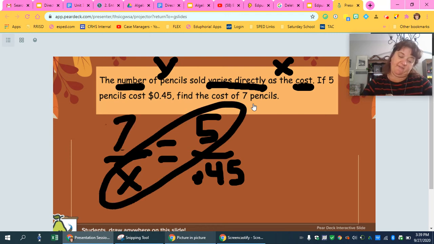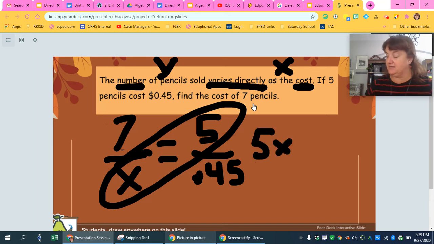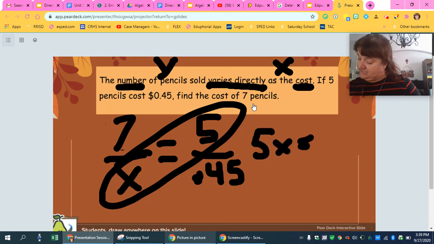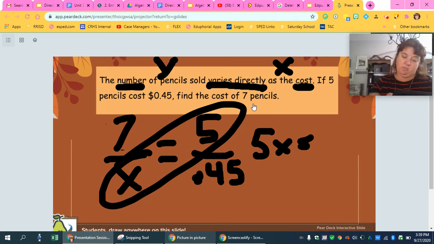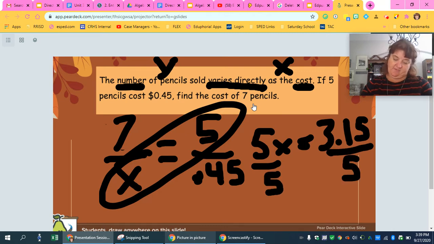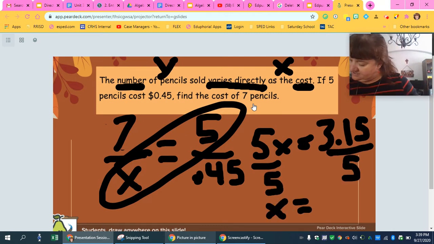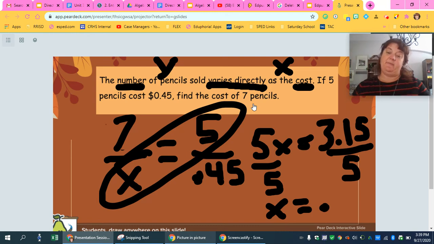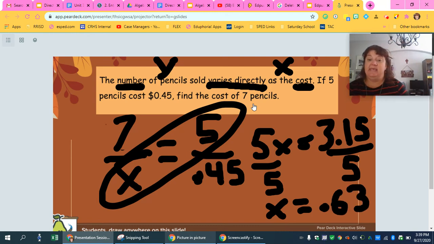We're doing 5x equals, let's use our handy dandy calculator, 7 times 0.45, and I get 3.15. Divided by 5, x equals 0.63. So 7 pencils would be 63 cents.